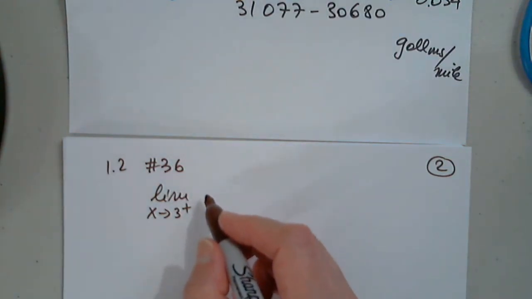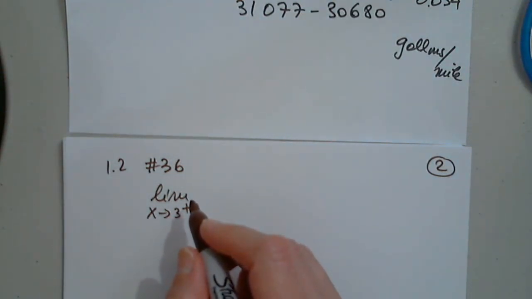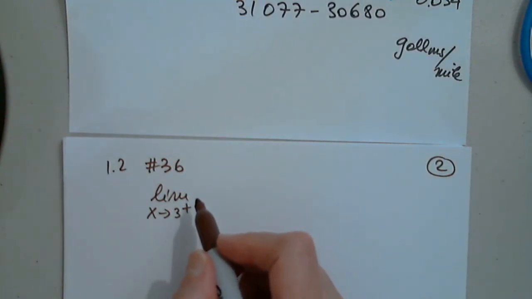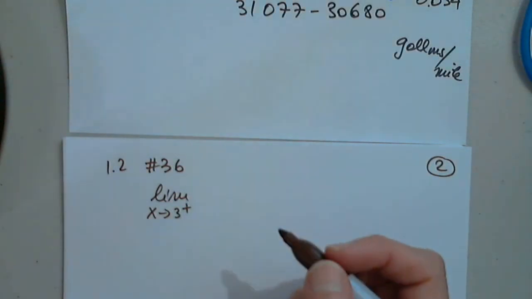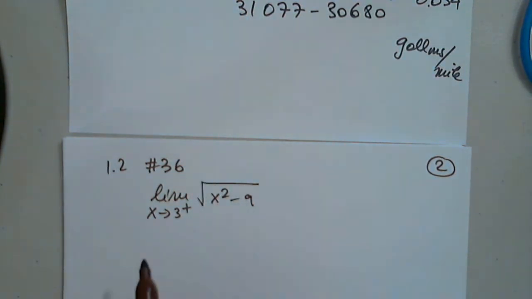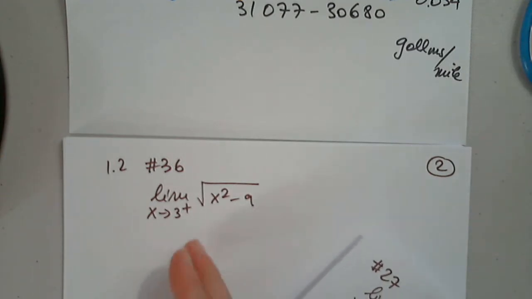And x approaches 3 from the right? My question is, why is it necessary to have it coming from the right? That's what they're asking. I cannot change the problem.